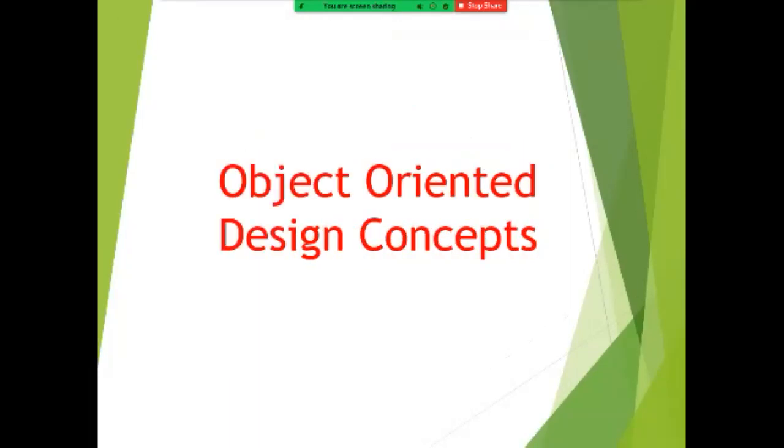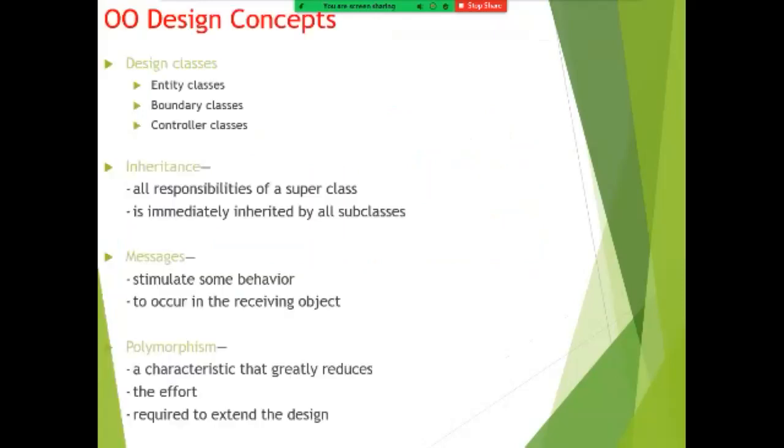In that, object oriented design concepts, that means here OO design concepts, that is design classes, entity classes, boundary classes, controller classes, inheritance, where all responsibilities of a superclass is immediately inherited by all subclasses.